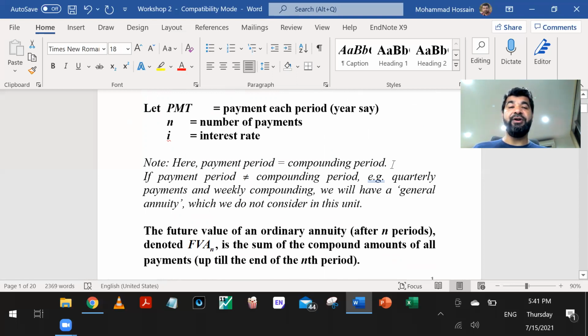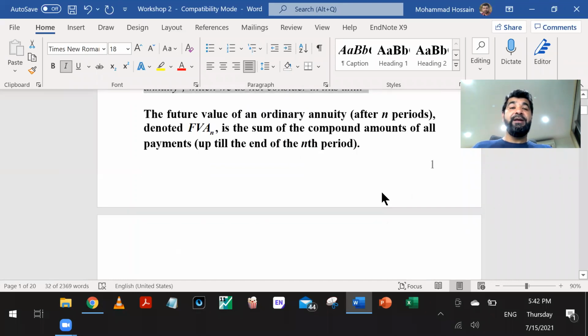Payment periods are compounding periods, like interest compounded monthly or compounded annually. If the payment period is not equal to the compounding period, say quarterly payments with weekly compounding, we have a general annuity, which we will not consider in this unit. We will just talk about the yearly one.